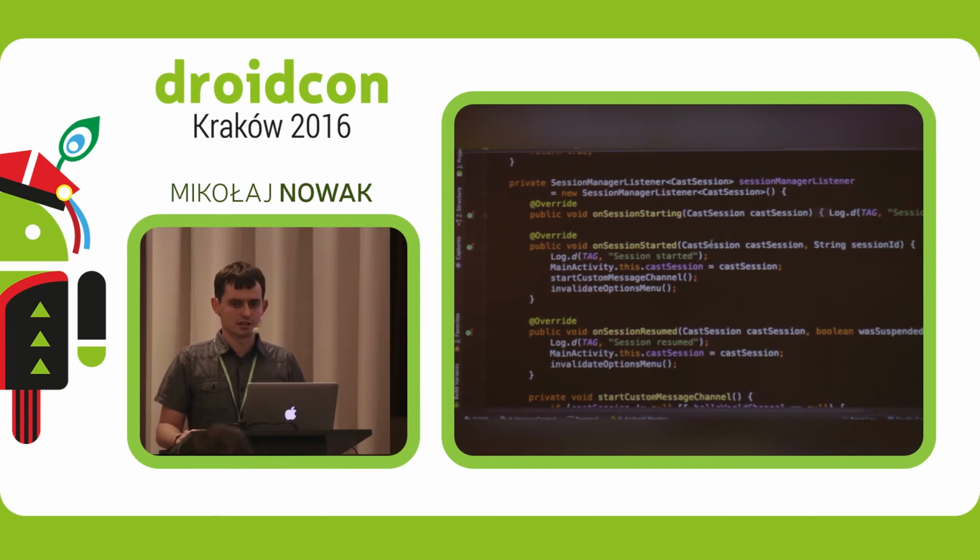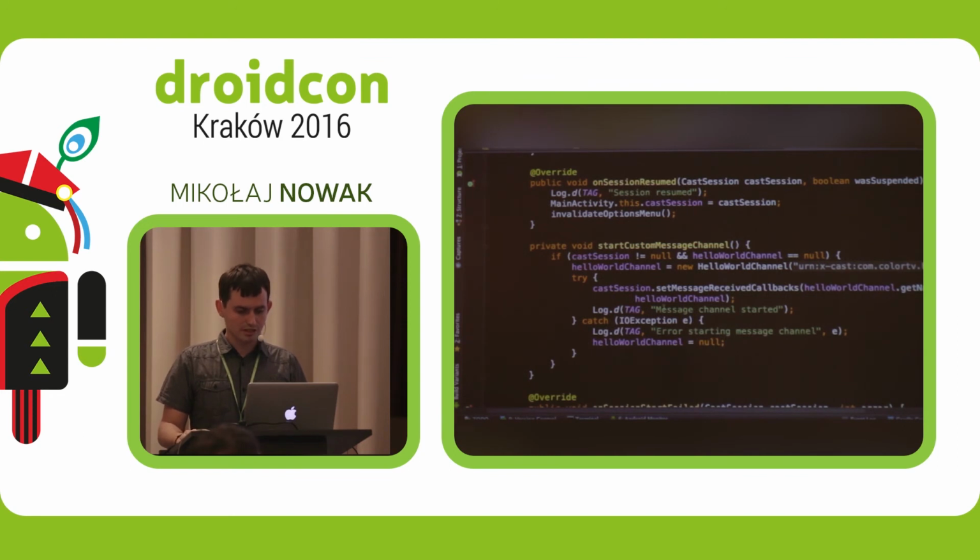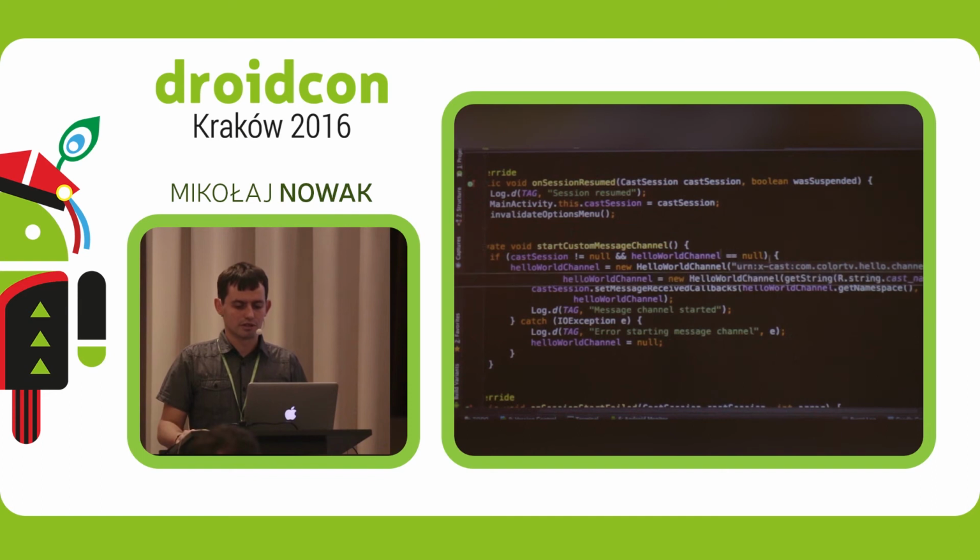We use this CastSession object in order to handle every communication with our receiver app. We do it by setting up a channel, which I mentioned earlier. We are using the namespace in here. We're just setting up a receive callback, passing a namespace and our channel object.